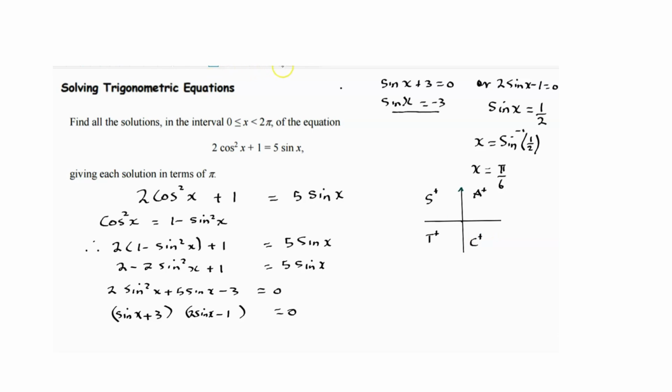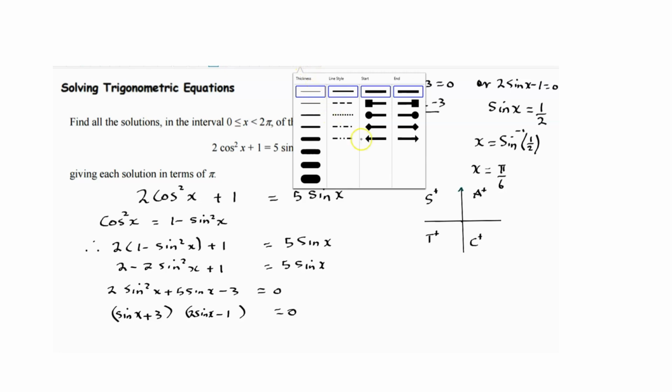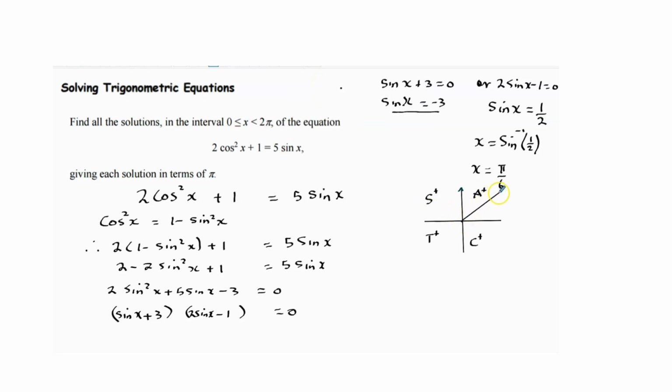So now we can determine the range for which sine x is positive. In this range here, sine x would be positive, and also this range here. And all we need to do is mark an angle relative to this axis and also this axis. They are the same.